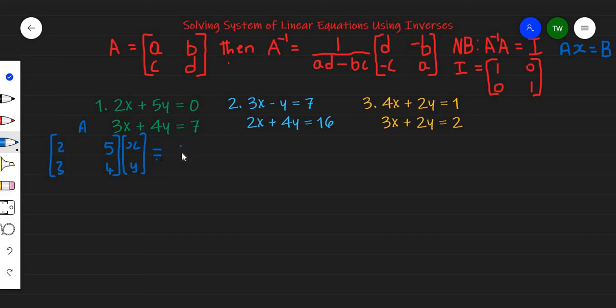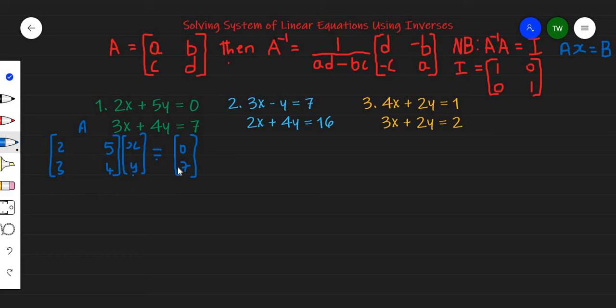So it's going to be 0 and 7. So that's the first step, right? You rewrite the given equations in matrix form. So I've done that, and it is now in the form AX equal B.